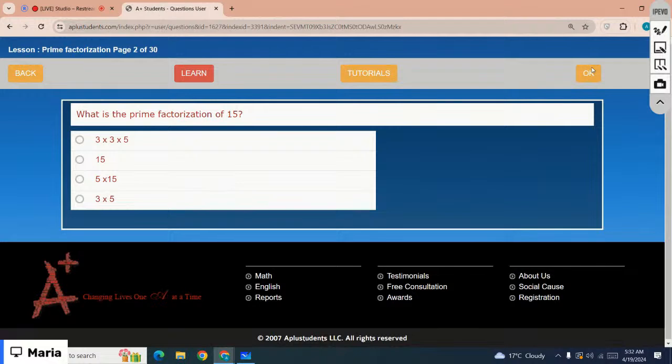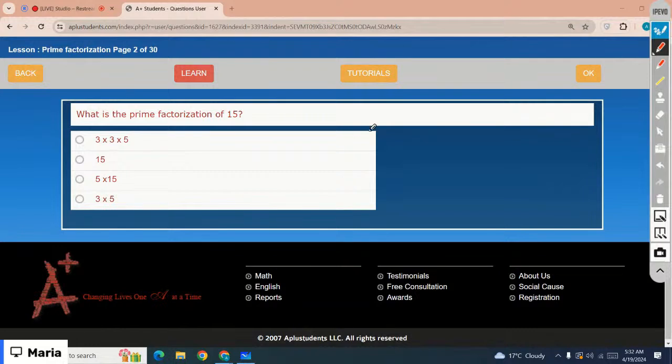What is the prime factorization of 15, which is the correct option? So start with 15 and divide it by the smallest prime number that can divide 15, right? So the smallest prime number is 3. 3 times 5 is 15. Now start with this number and divide by the smallest prime number.